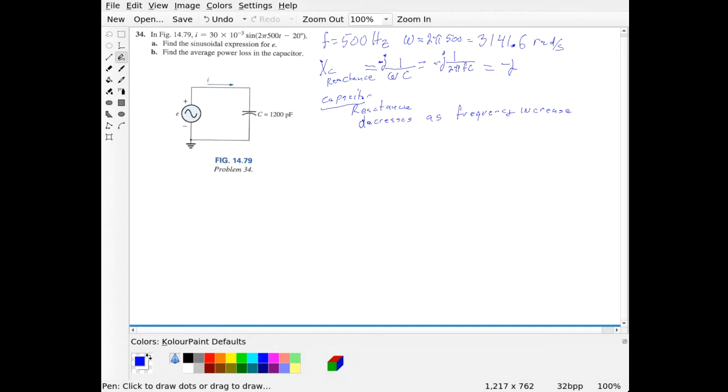Okay, I just had to type that in a couple of times. So, all right, so that is 1 over this: 2 times pi times 500 times 1200 times 10 to the minus 12.